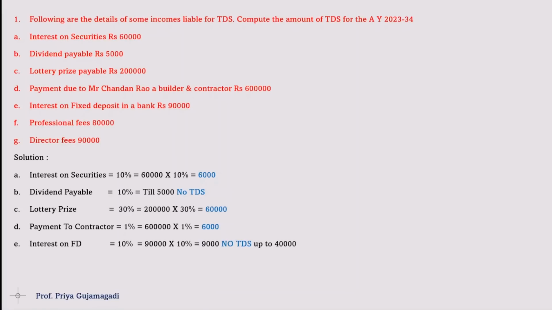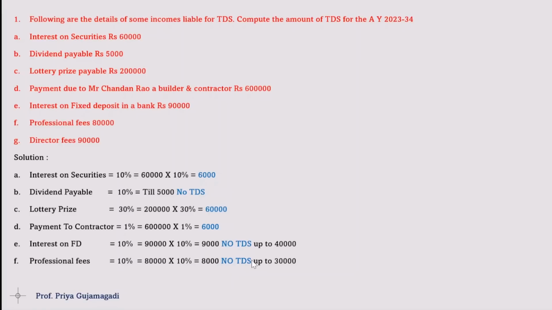Interest on fixed deposit. So the amount is 90,000. TDS applicable is 10%. 90,000 into 10%, 9,000. Up to 40,000 there is no TDS. So no TDS we can write. Professional fees 10%. So on 80,000, 10% is applicable. So that is 8,000.